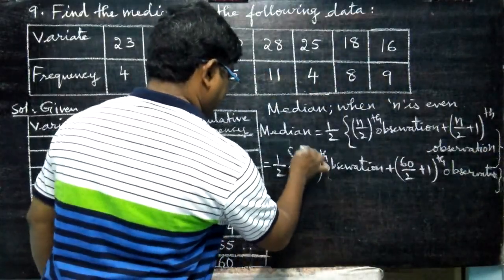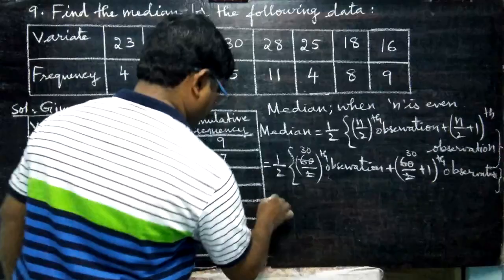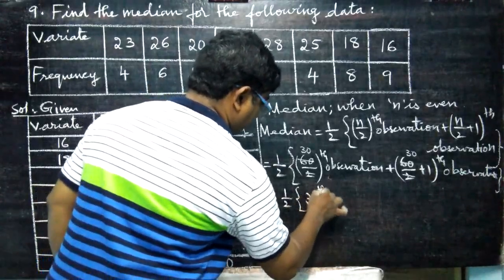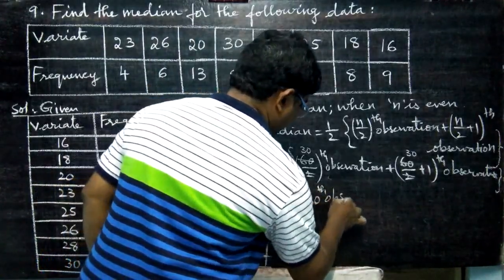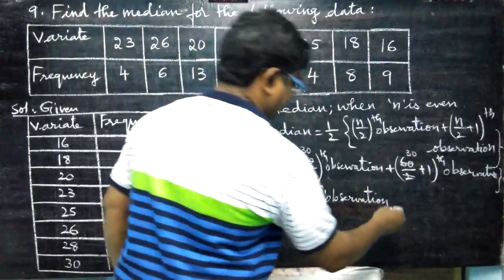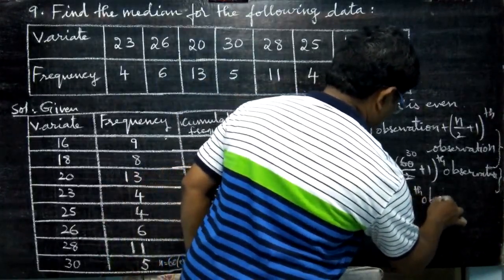Here also 2 goes 30 times. So half of the 30th observation plus the 31st observation.